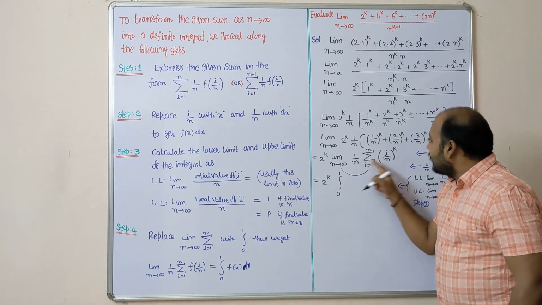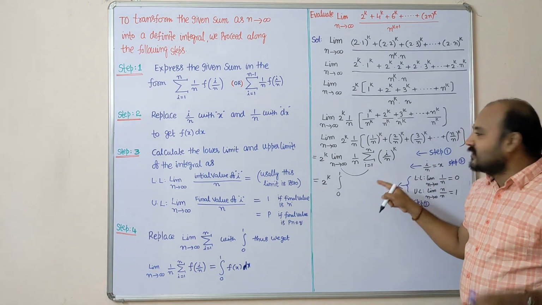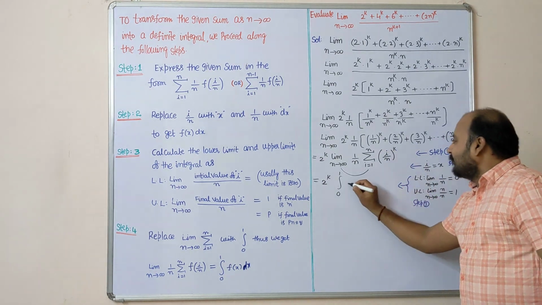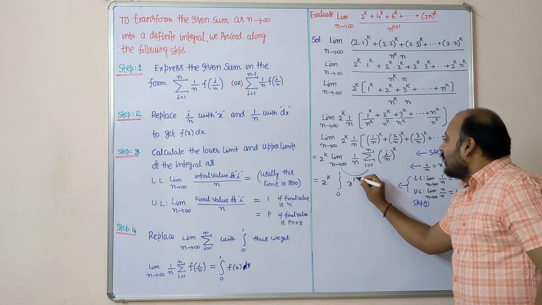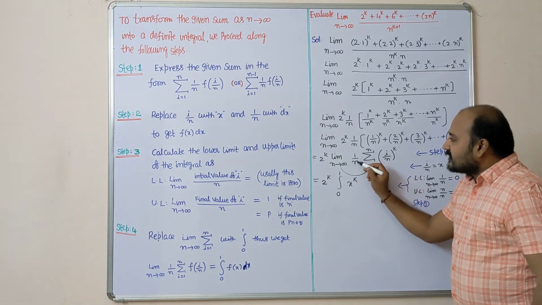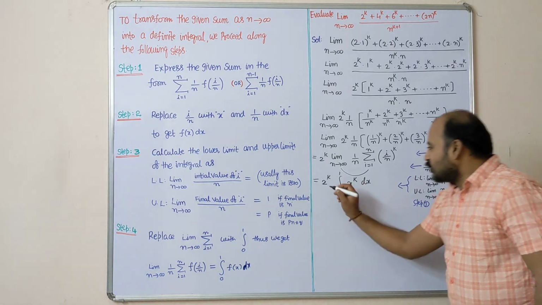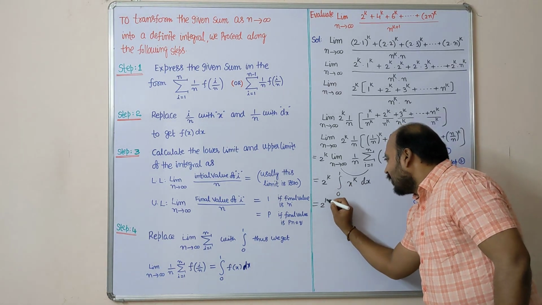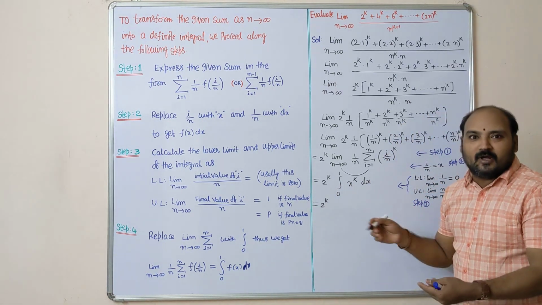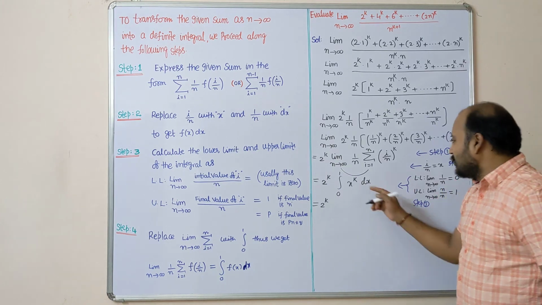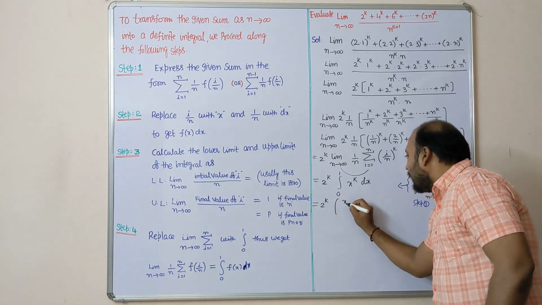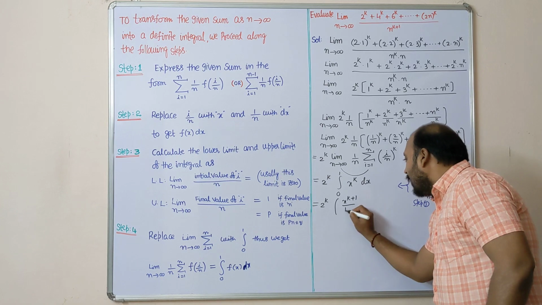Next, 1 by n and this value becomes, i by n is equal to what? x^k. In place of 1 by n, dx. So 2^k. What is the integral of x^n formula? x^(n+1) by n+1. So x^(k+1) by k+1.